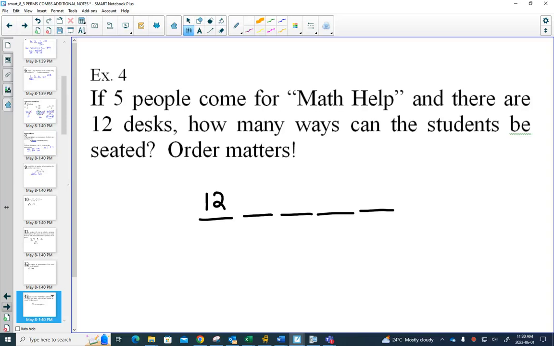So we're going to say, no, they don't come in and sit on the other person's lap. They have 11 choices, then 10, then 9, then 8. This is the same as 12P5. And the P button is on your calculator as well, so you can find that on permutations. You could do 12 times 11 times 10 times 9 times 8, or you could do the 12P5 button.